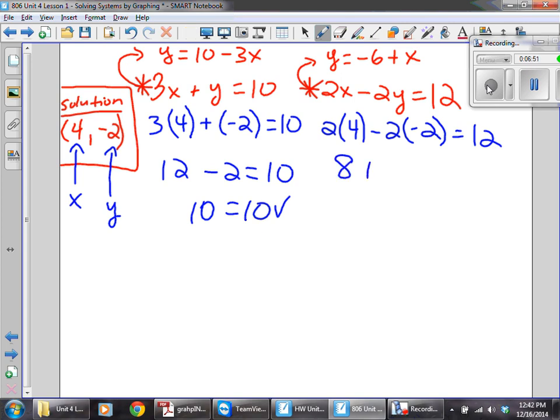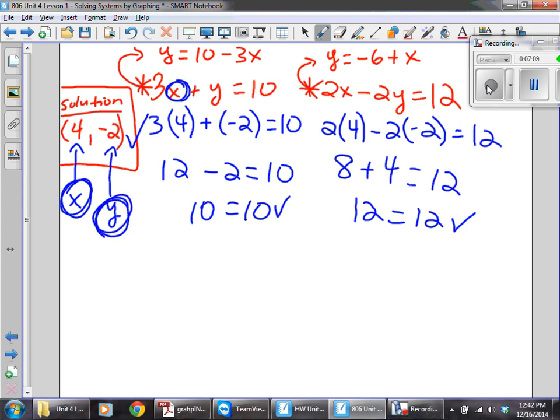Minus 2 times negative 2 is a plus 4, equals 12. 8 plus 4 is 12, equals 12. Check. They both work. That means that this point is on both of the lines. That means that it is correct. That is how you do a check. You take the x value and put it where the x goes. You take the y value and put it where the y goes.